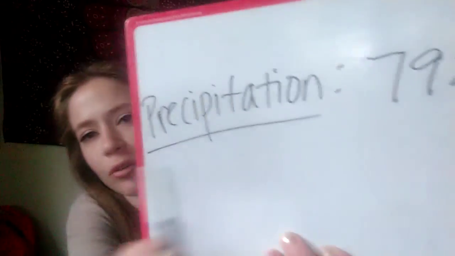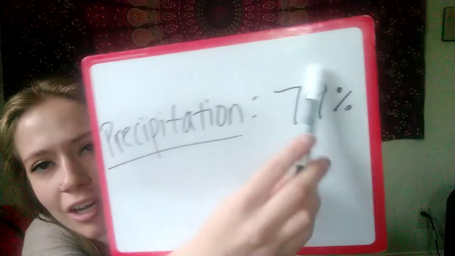Okay, so precipitation, and we have 79%, which is so much more exciting than 0%. So our precipitation chances today are 79%, and that's pretty close to 100. So it's going to be rainy most of the day, which is awesome.